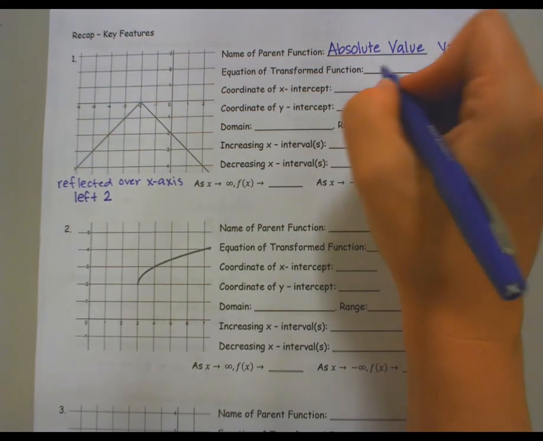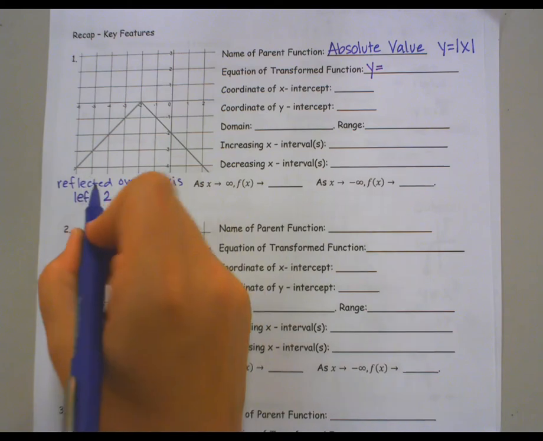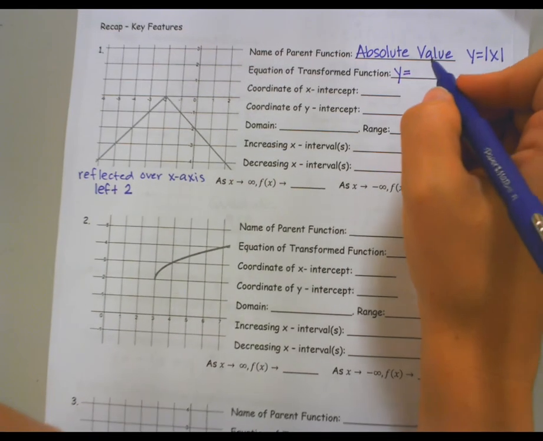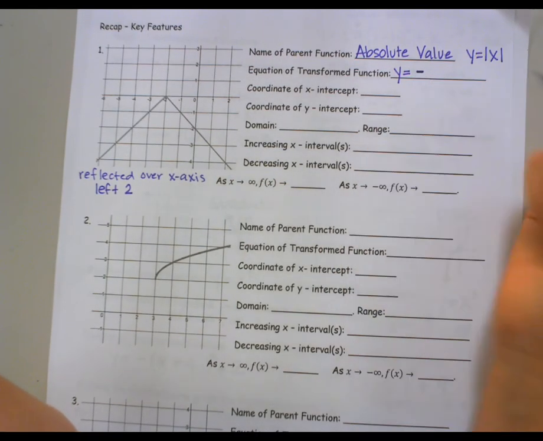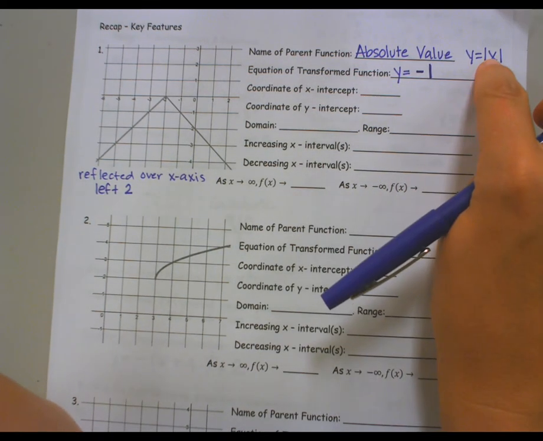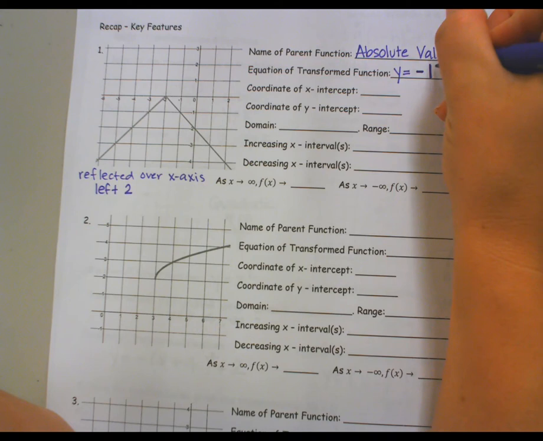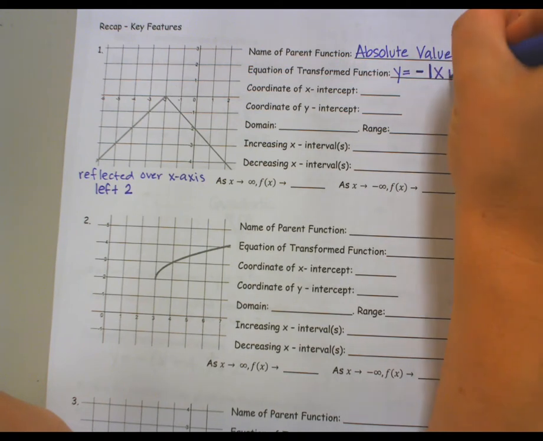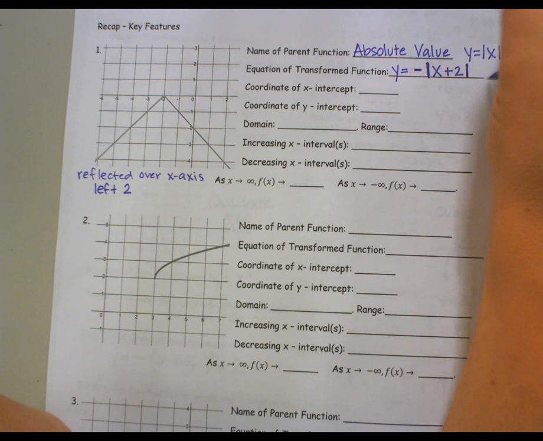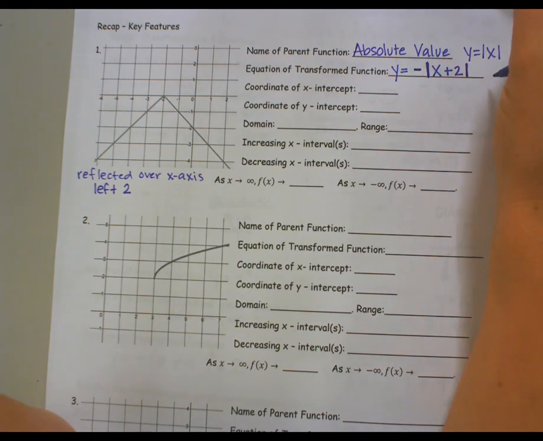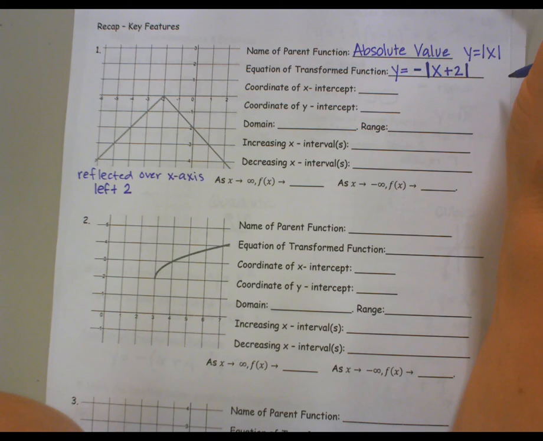So when we write our equation, reflecting over the x-axis is going to give us a minus sign in front of our x value. And then inside with the x value is our right and left. Since we went left 2, we're going to have x plus 2. And then we didn't move up or down, so we're not going to have anything on the outside. That'll just stay blank. You could put plus 0, but we don't need to.